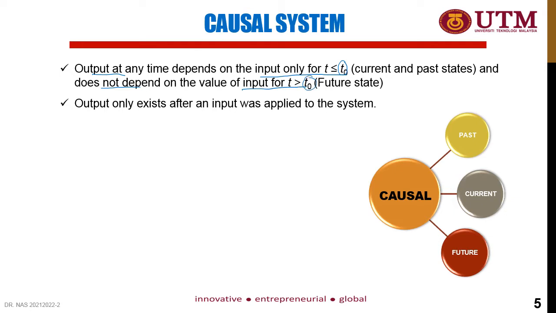A causal system is also known when the output exists after an input was applied to the system. So obviously, when you have an input, for example x(t), to a system, then your output is generated. So how can the output be generated without the input?